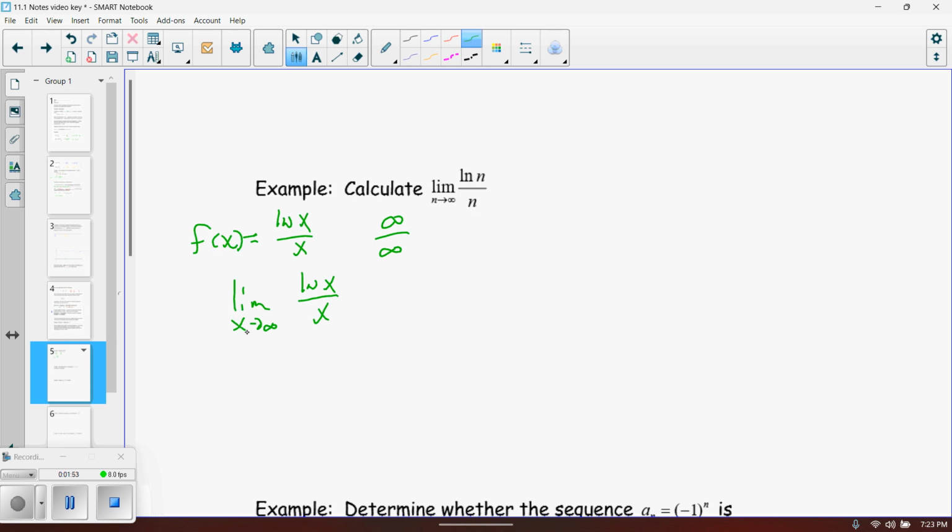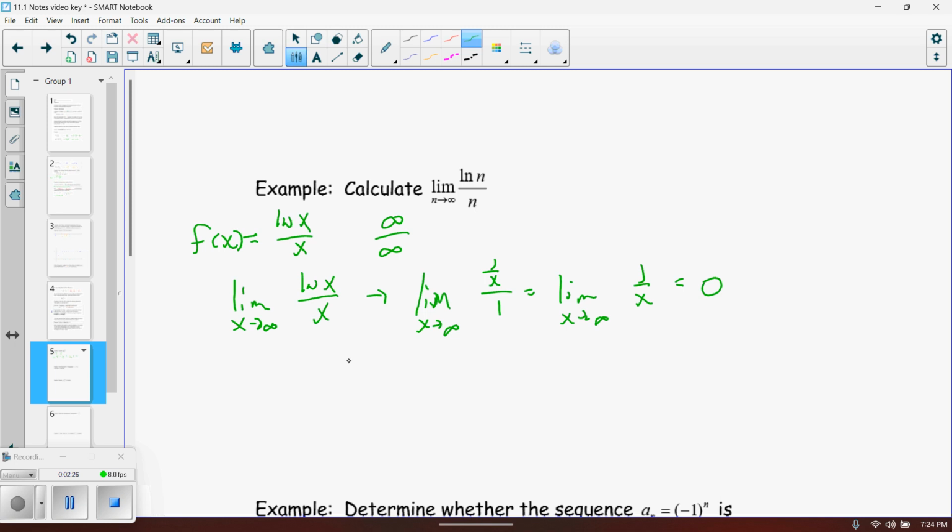We can now use L'Hopital's rule, which says that I can take the limit as x goes to infinity of the derivative of the numerator, 1 over x, over the derivative of the denominator, 1, which is the same thing as the limit as x goes to infinity of just 1 over x. And as x goes to infinity, this thing is going to approach 0.